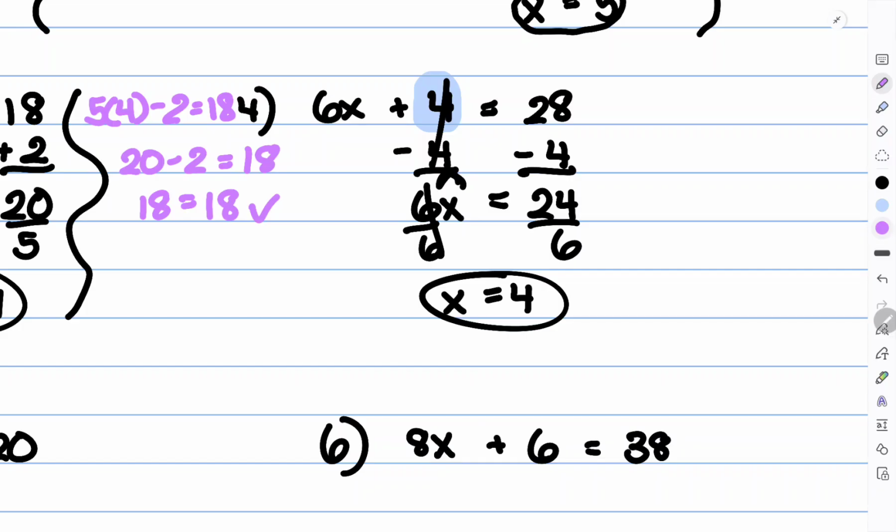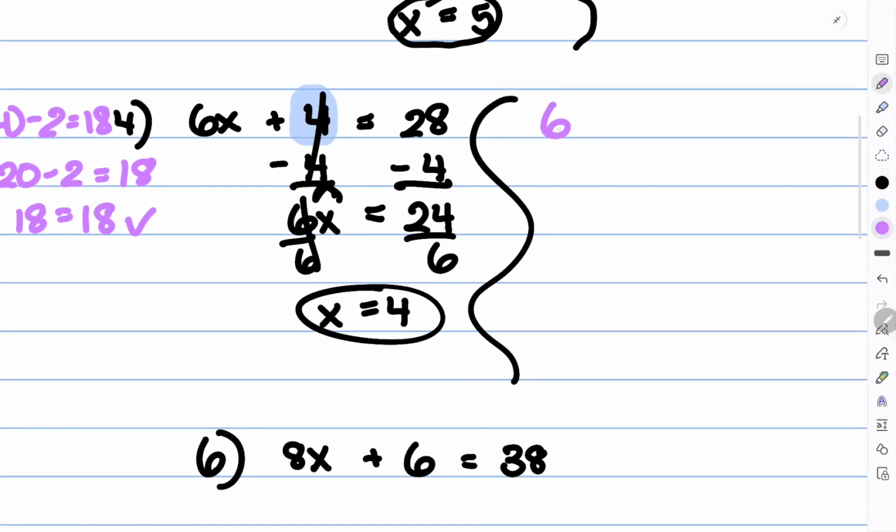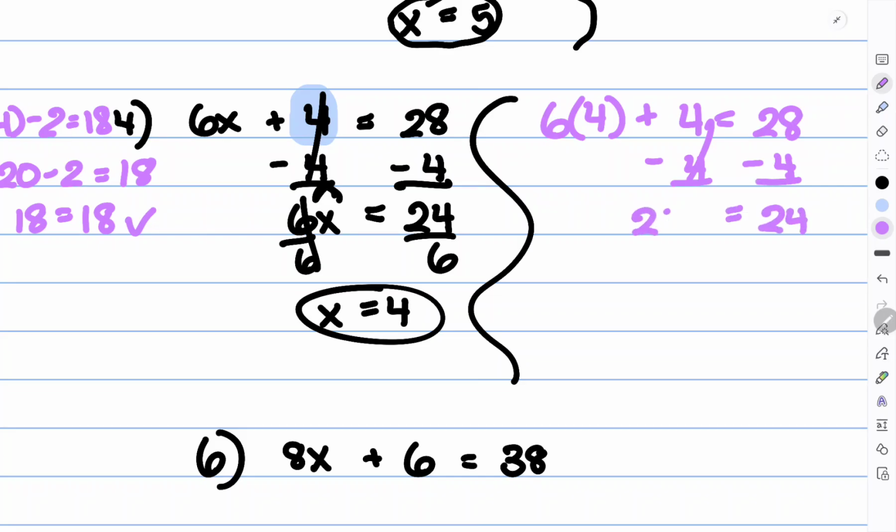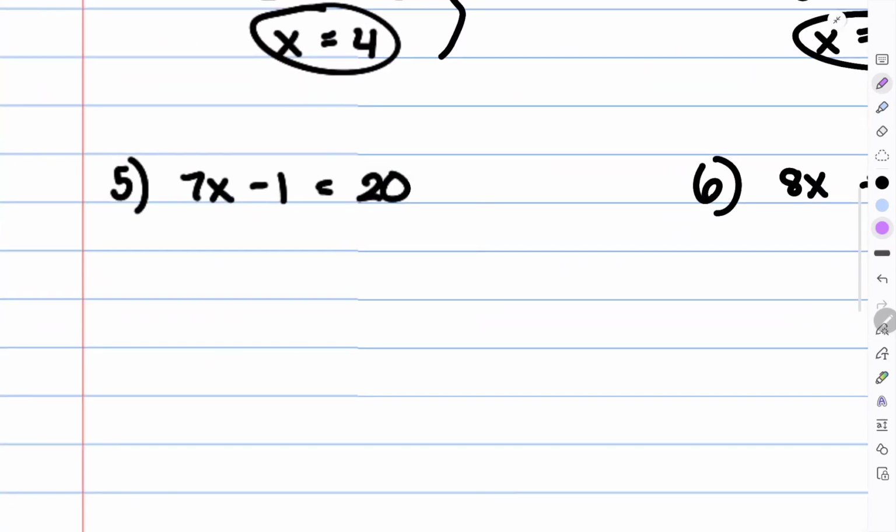Now to check it, 6 times 4 plus 4 equals 28. Subtract the 4, we get 24. 6 times 4 is 24. 24 equals 24. Yes, so we were correct.